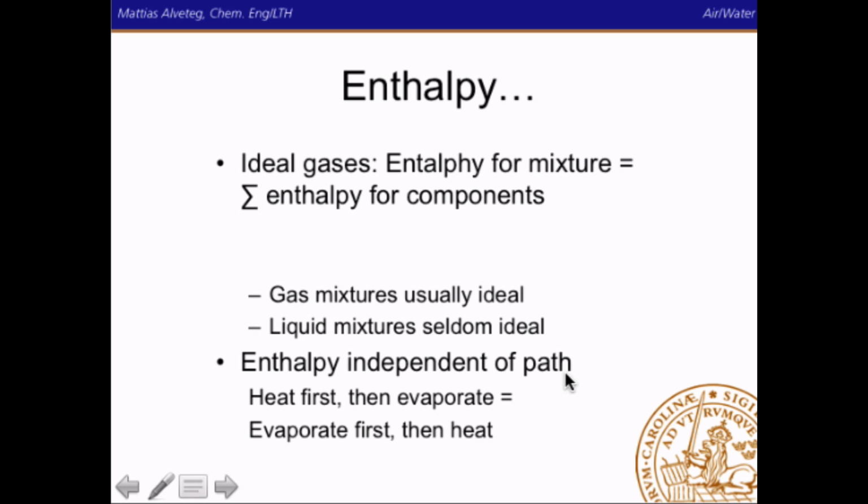And remember from physical chemistry that enthalpy is independent of path. That means that if you have liquid water at 0 degrees and want to create water vapor at 100 degrees, you use exactly the same amount of energy if you first heat to 100 degrees and then evaporate, or if you first evaporate and then heat.